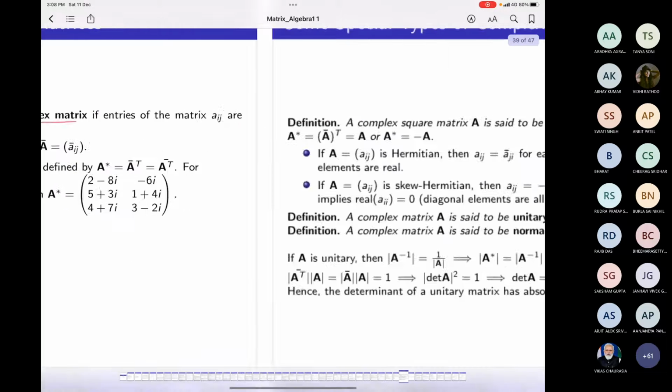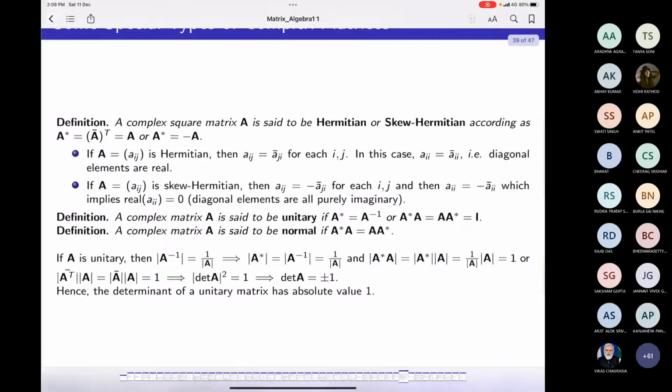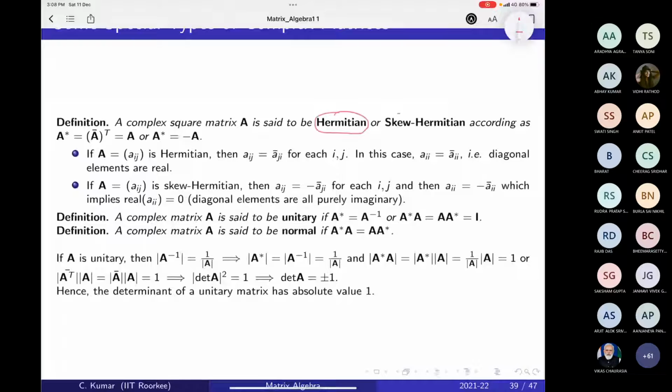And in the complex matrices, we are going to see Hermitian matrix and skew Hermitian matrix. And the corresponding real part of this is symmetric and skew symmetric matrix.